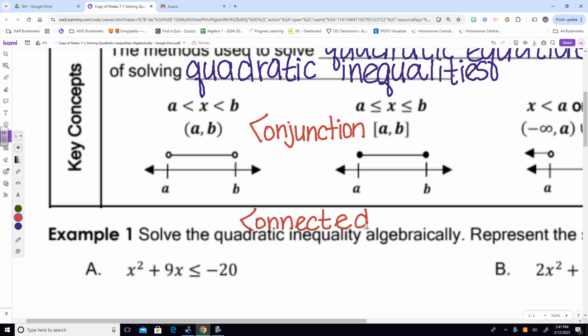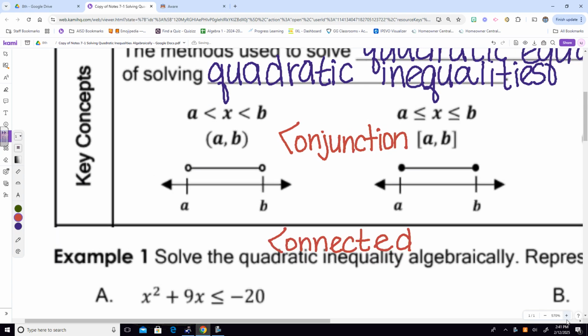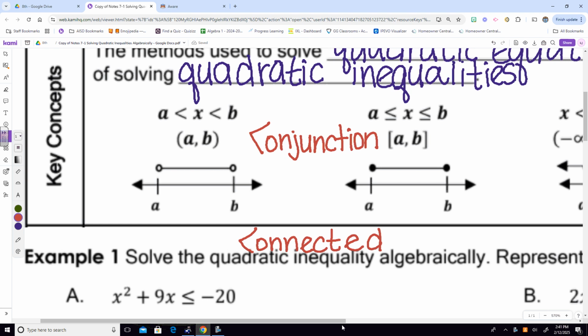So when you solve the inequality, if you write your solution as an inequality, notice that yes, I have 2 inequality symbols, but are they connected? Are they all together? Or are they separated? Look at the difference between these 2 and the other 2. Are these connected or separated? Connected. Okay? This is called an interval, the one in the middle.